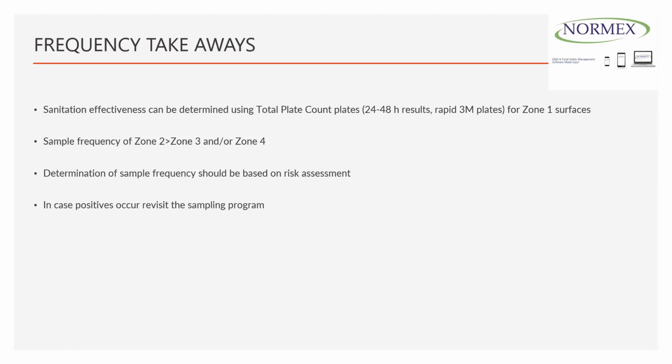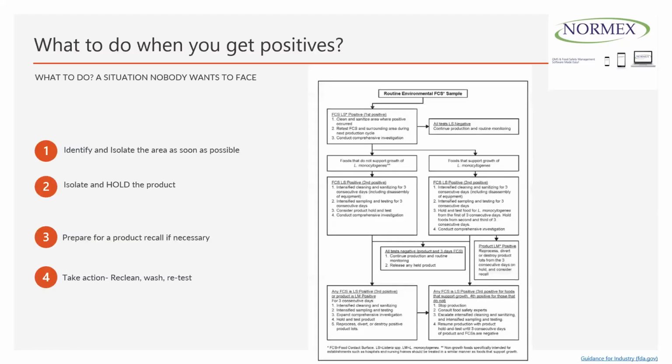So sample frequency of zone 2 should always be greater than zone 3 and/or zone 4. Determination of sample frequency should always be based upon the risk assessment or the hazard analysis in your facility. In case positives occur, always revisit your sampling program, always revisit your handling program to see why they came.